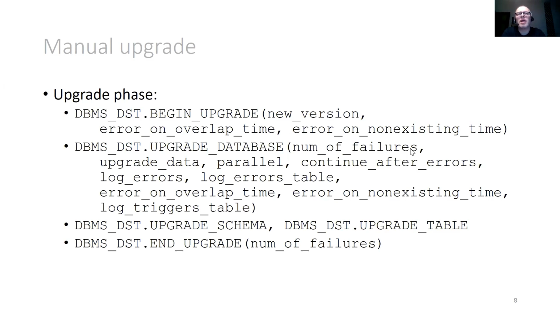And then you can specify the parameter upgrade data. This is an interesting parameter. Normally, its default value is true, which means you actually want to change these UTC timestamps. However, if you pass false here, you will only mark the tables as already upgraded.